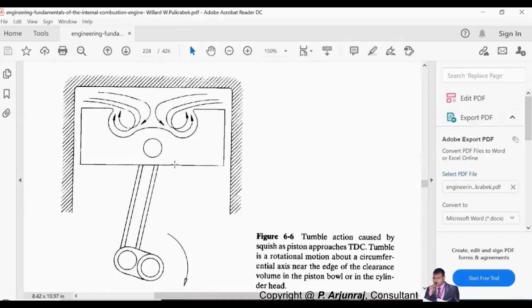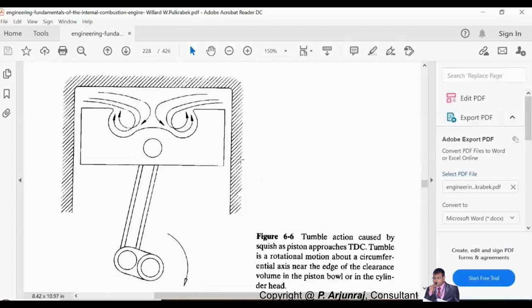So how can I differentiate the squish from the tumble? Squish is basically the air coming in the tangential direction in the case of diesel. When I speak of petrol, both air and fuel mixture come in, and squish is again a tangential movement. When the piston moves from BDC to TDC, it compresses the charge; in the case of diesel you get the injection, and in the case of gasoline you get the ignition.